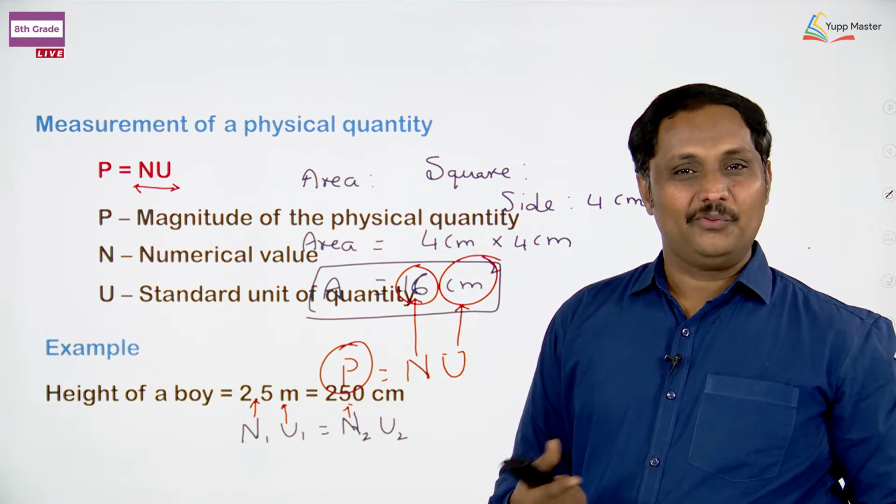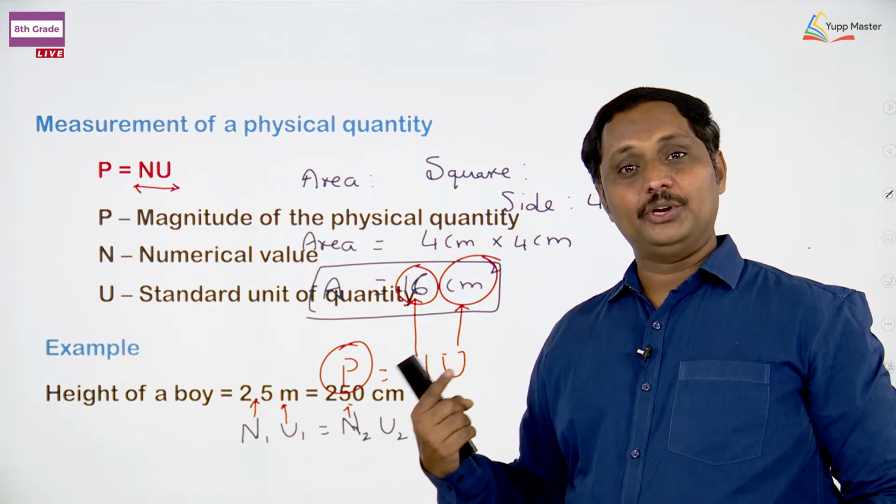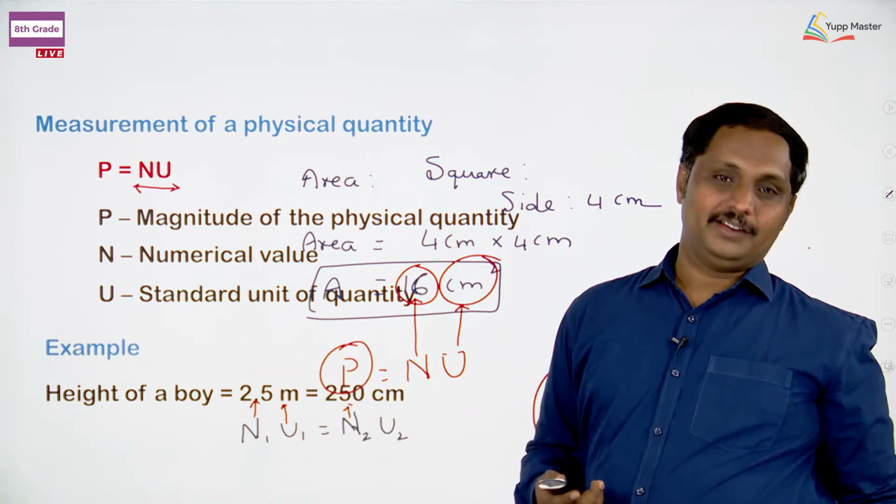In some systems it is going to be low, in some it is going to be high, but the total magnitude is the same, it's very clear.